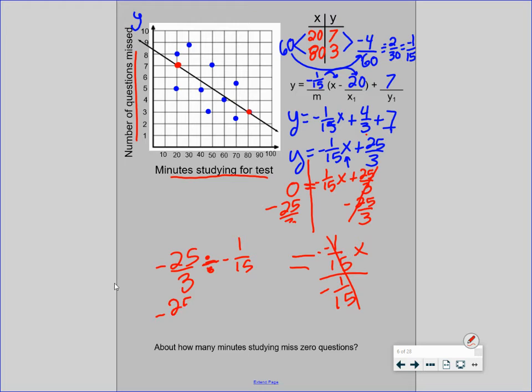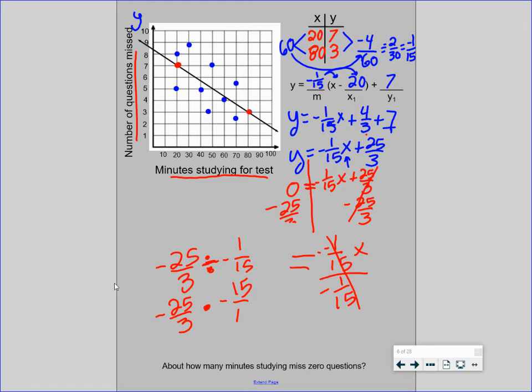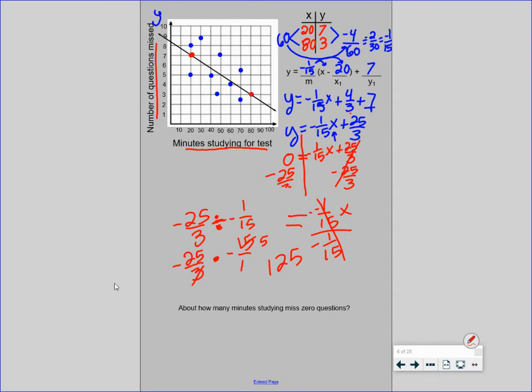Keep the first fraction the same, change divide to multiply, and flip the second fraction. Do the reciprocal. You can do this on your calculator or by hand, whatever you want. But I can see here that 3 goes into 15 5 times, and negative 25 times negative 5 is positive 125. So positive 125 equals our x.